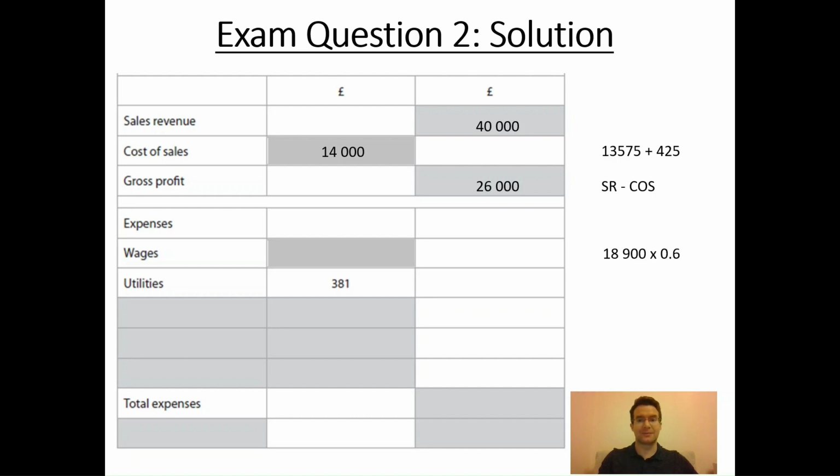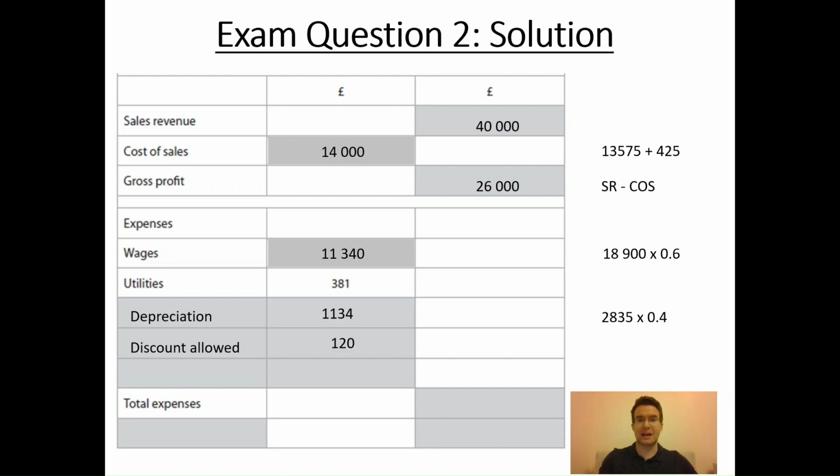Her wages went to 11,340. Her utility bills remain the same, but her depreciation, of course, she chose to depreciate by 40% rather than just the 20%, so that means her depreciation was actually £1,134.